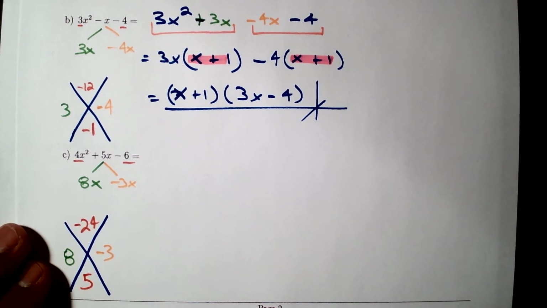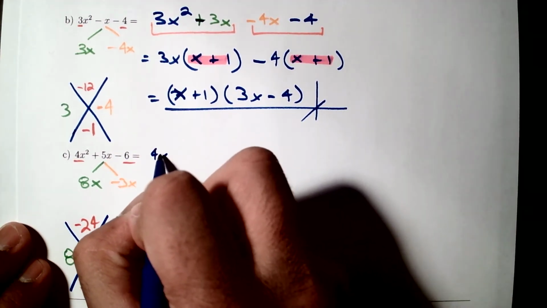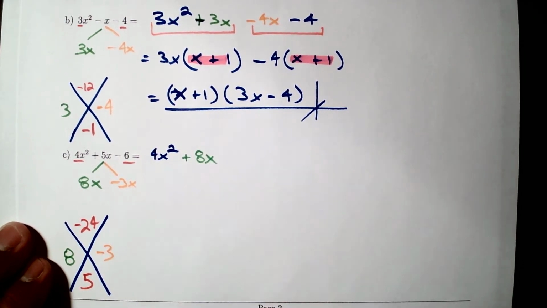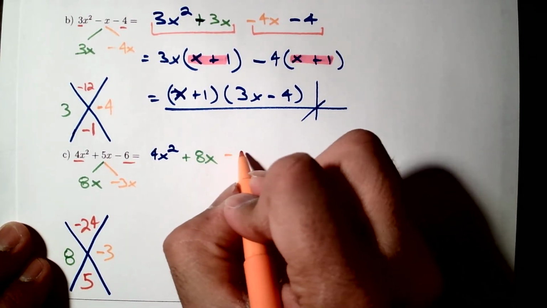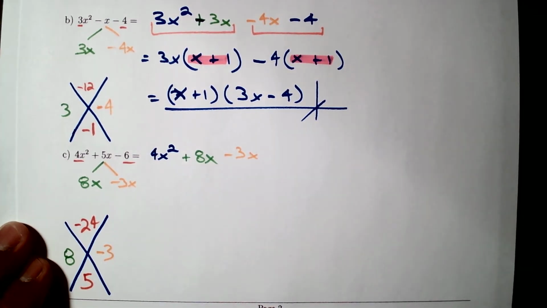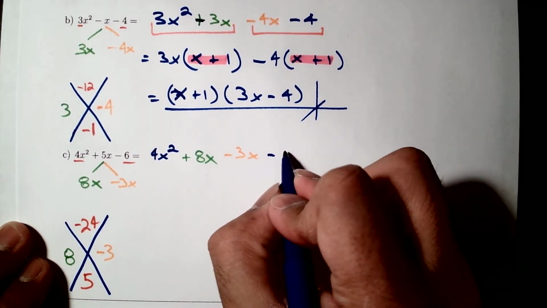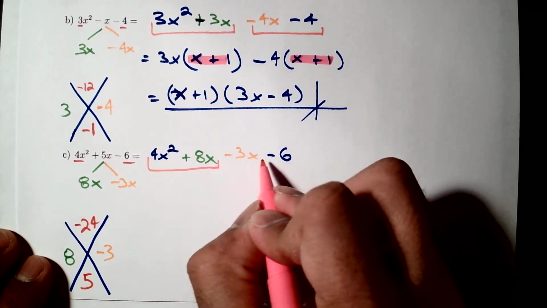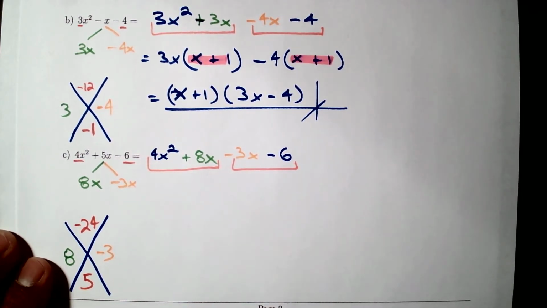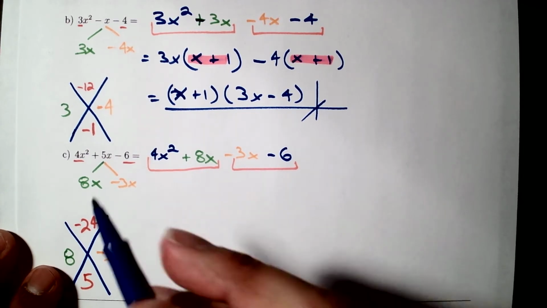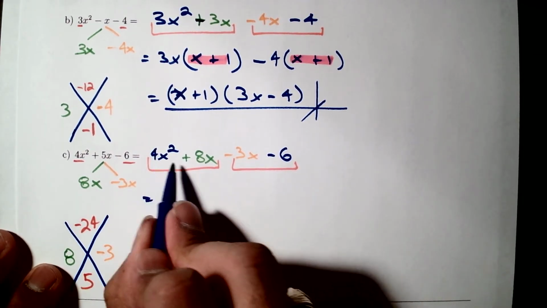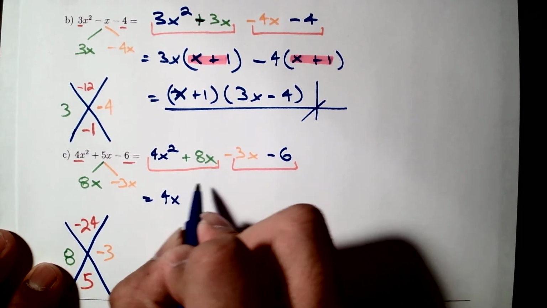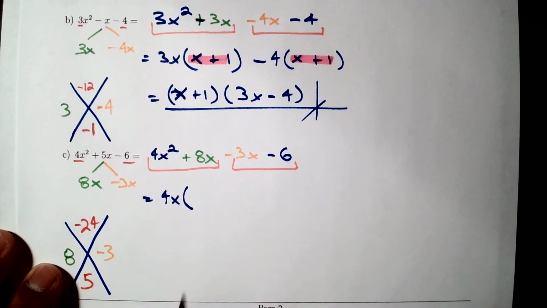So let's write this together. 4x squared plus 8x minus 3x minus 6. What can we do? Group. Because we have 4 terms, let's group this. And the GCF over here is going to be, for x, the lowest power of x, which is 1, and 4.